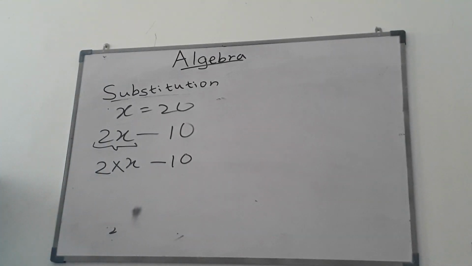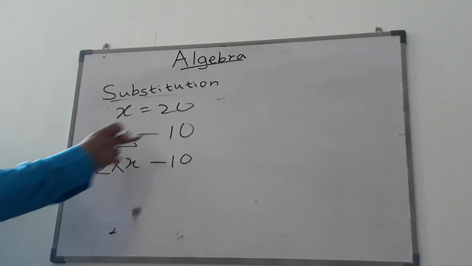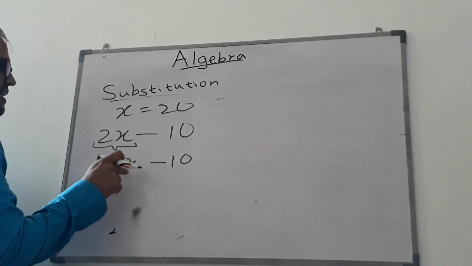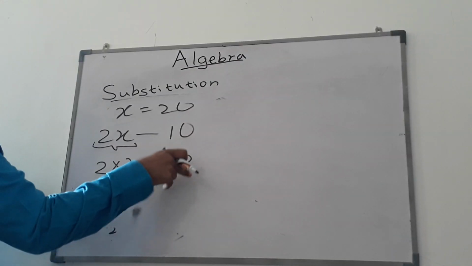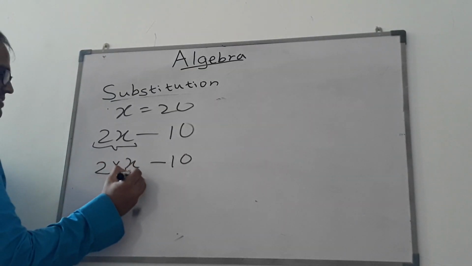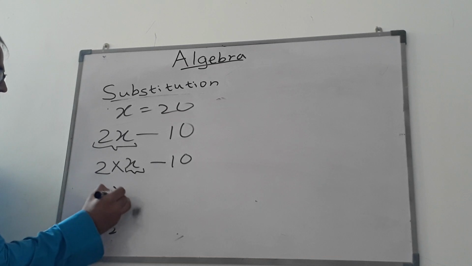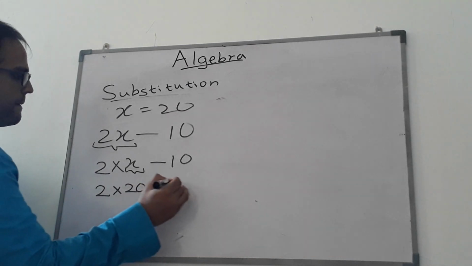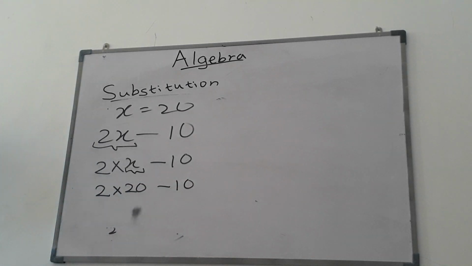Before this, we have to break 2x: 2 times x, then minus 10. We have to write the same expression down as well. Instead of x, we can write 20, so it will be 2 times 20 minus 10.